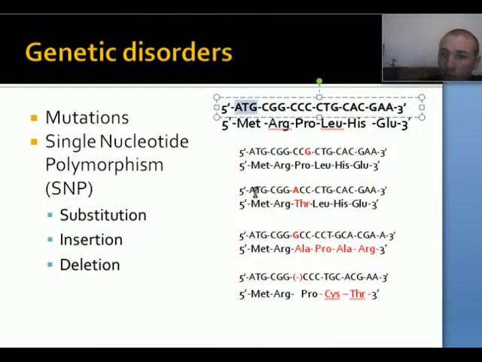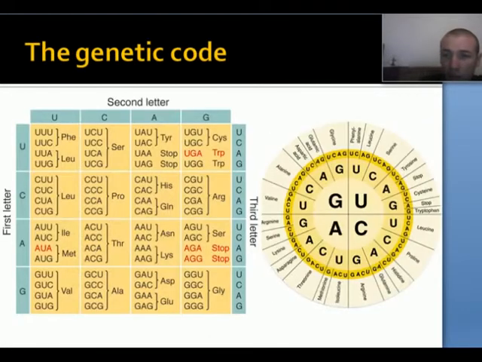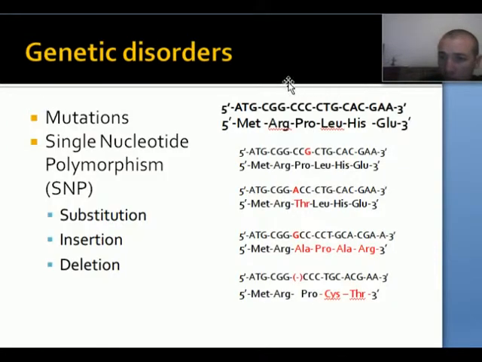So if we have this first codon, ATG, once it is in RNA form it would be AUG, and here we see AUG is translated into methionine. So this codon could be translated to methionine, this next codon could be translated to arginine, and so on.